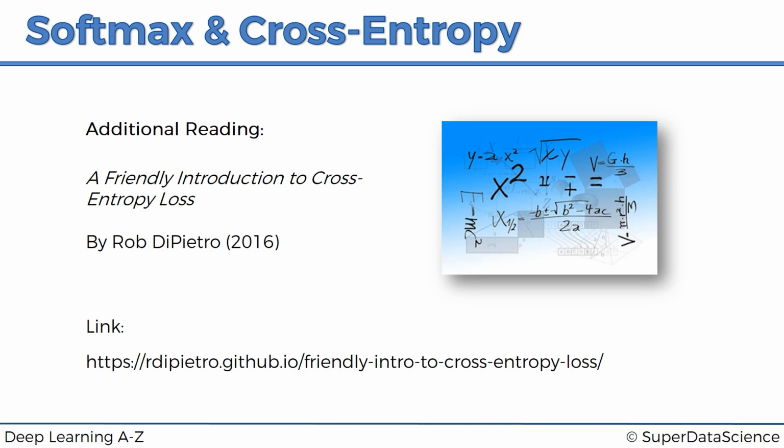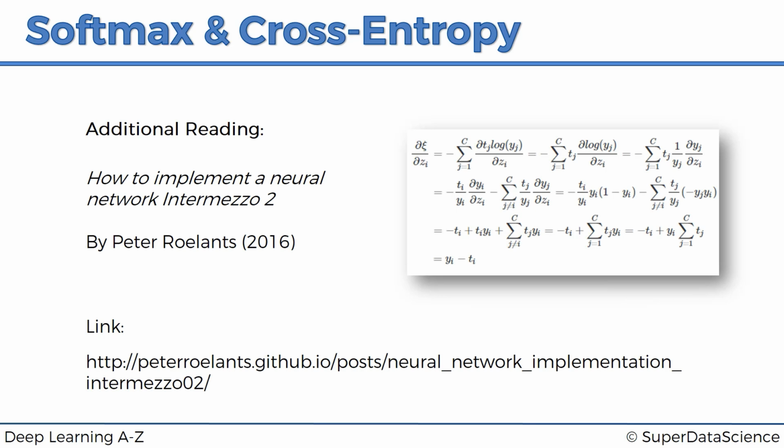If you want to dig into the heavy math, like what you see here, then check out a blog called How to Implement a Neural Network Intermezzo 2. Intermezzo is an intermediary thing, like when you go to a theater and have a break between the first part and the second part.